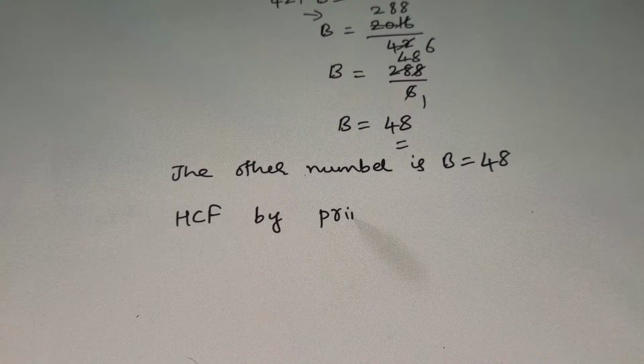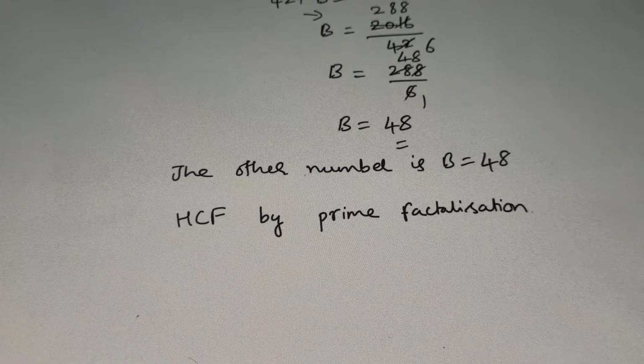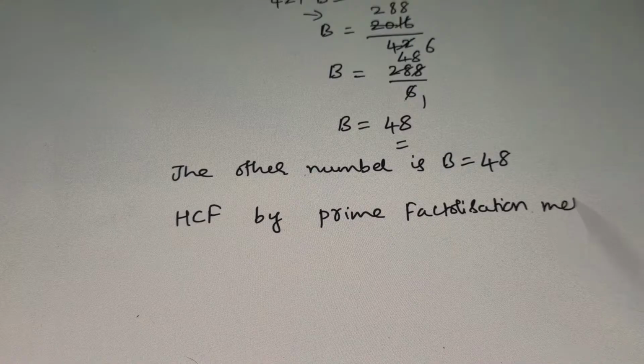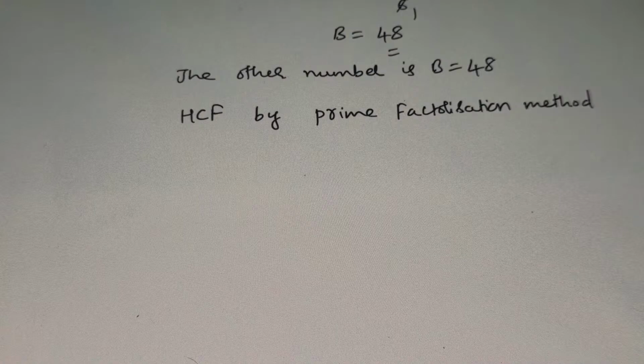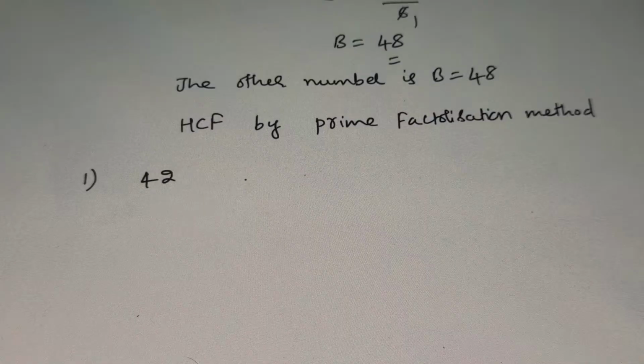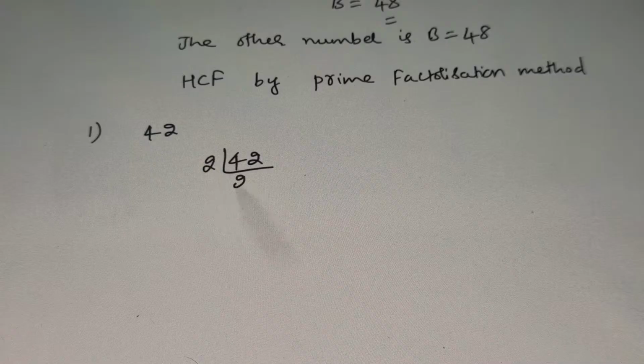Now we need to calculate the HCF of these two numbers by the method of prime factorization. First we need one number and keep on dividing that number. 2 twos are 4, 2 ones are 2.